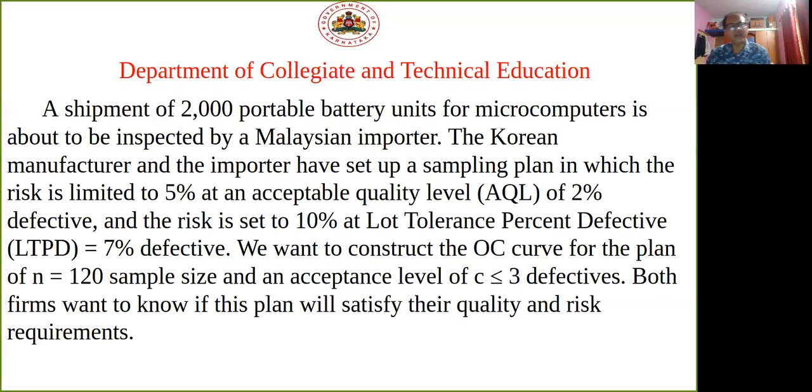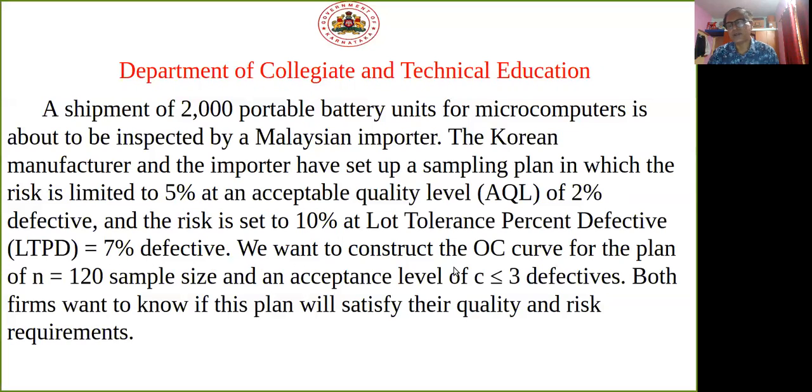At AQL it is 2% defectives, and the risk is set to 10% at the lot tolerance percent defective, that is LTPD, which is 7%.